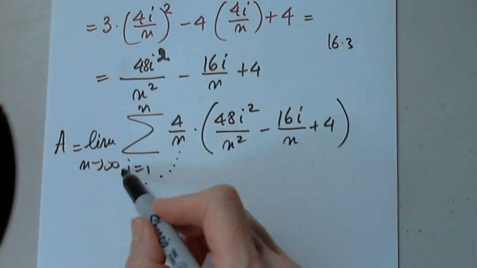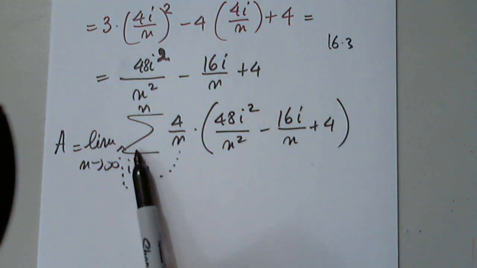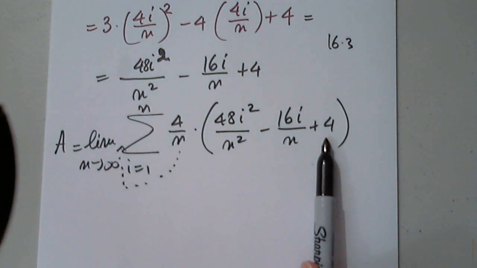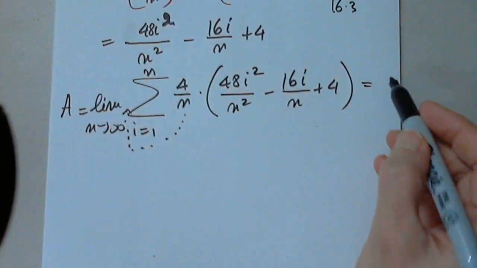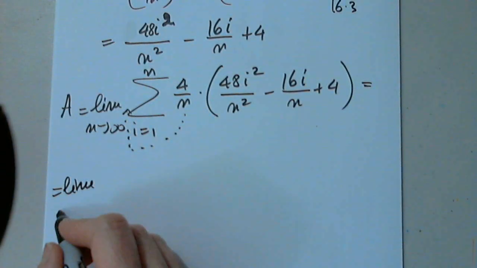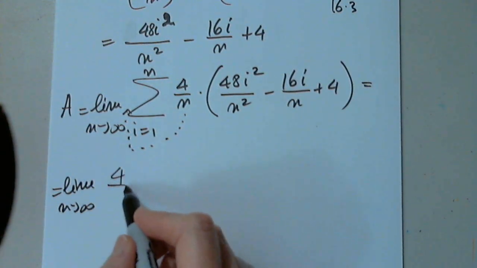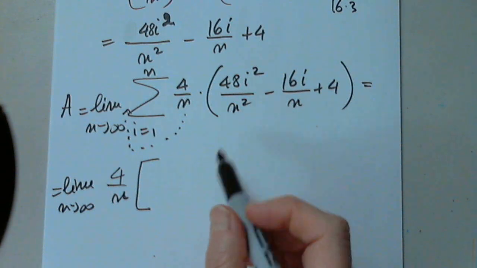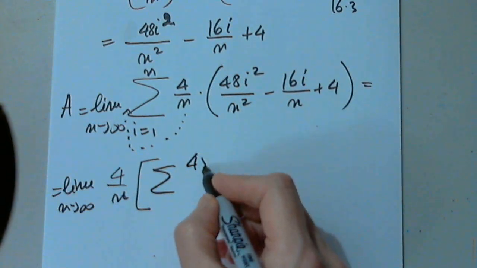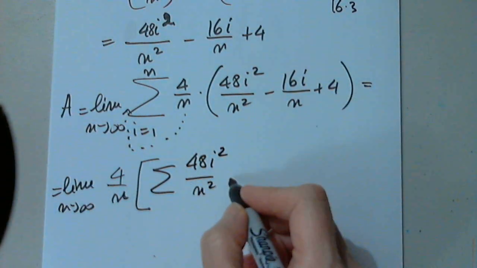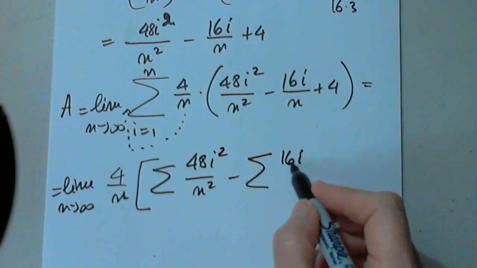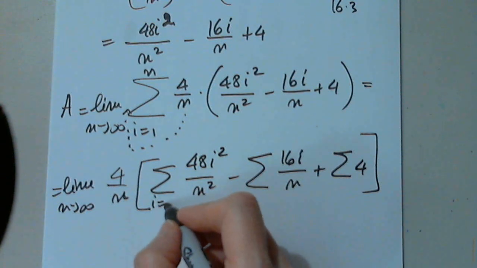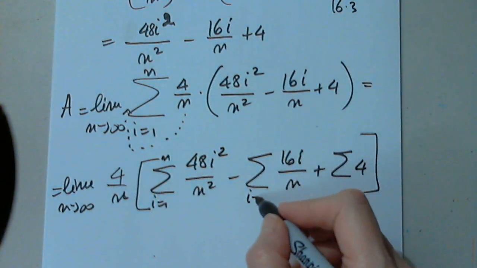I have to move this constant in front, and then the sum of the first term plus the sum of the second term plus the sum of the third term. So I write limit as n approaches infinity, 4 over n outside, so the sum of 48i squared over n squared minus the sum of 16i over n plus the sum of 4. Of course, they're all from i equals 1 through n.